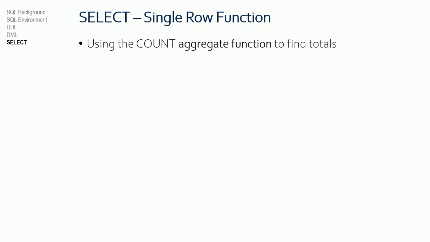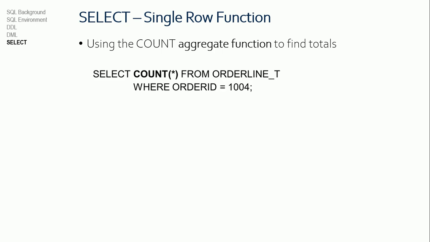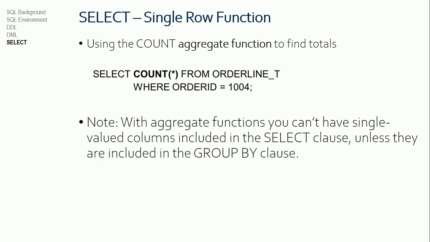With select statements, there's also single row functions or aggregate functions. For example, count is a single row function, so it's going to count the number of records from a specific table, right? So here we're going to select the count from order line, where the order ID is 1004. With aggregate functions, you can't have single valued columns included in the select clause unless they are included in the group by clause, right?